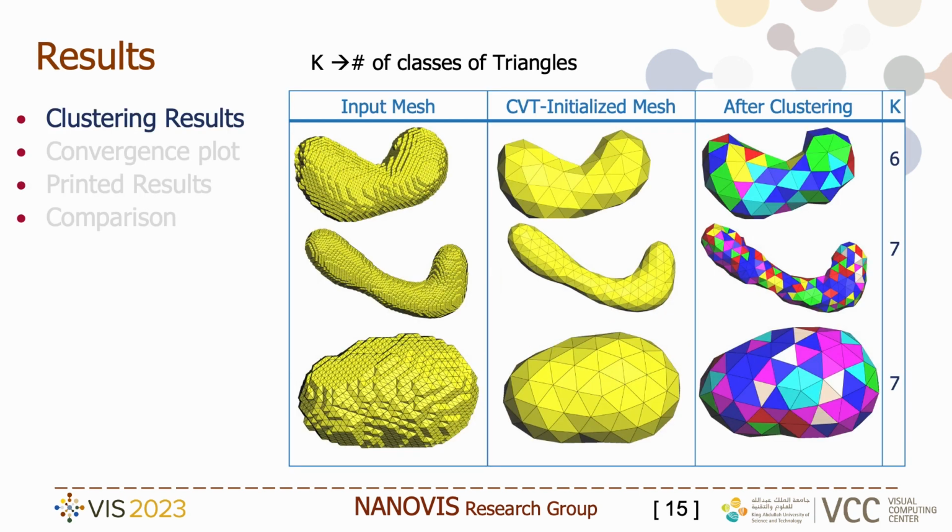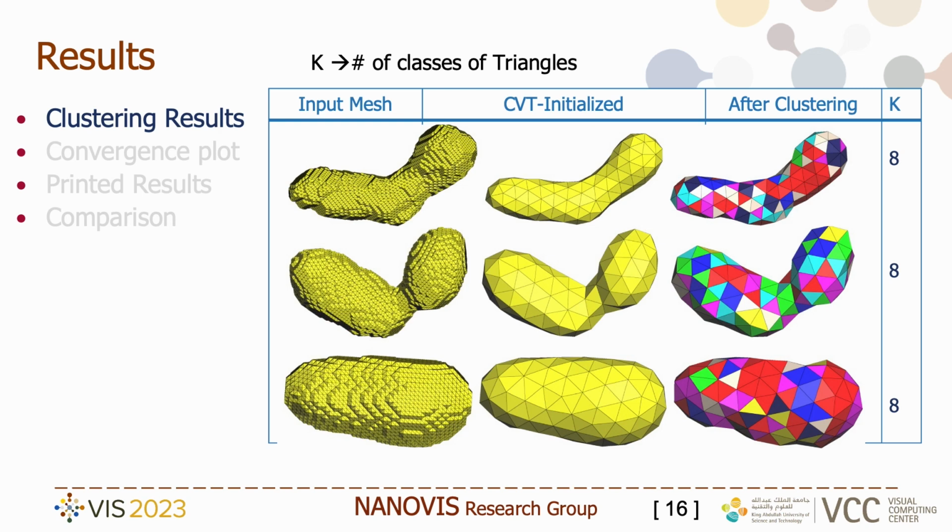Results. We empirically evaluated our method on different models. These are clustering results. The left column shows the input mesh generated via Marching Cubes. The next one is a CVT initialized mesh, and the last column shows our clustering results. The far right column indicates the number of classes of triangles.